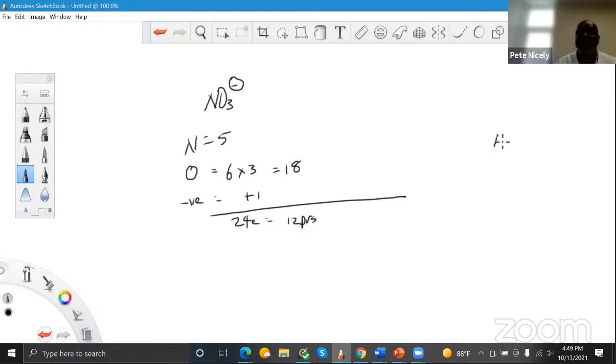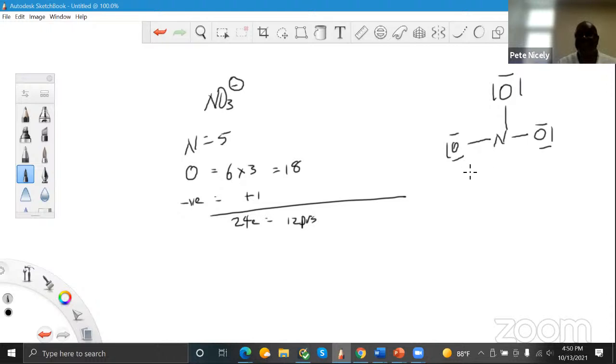Then we put the nitrogen in the middle, surrounded with the oxygens, and then we put the bonding pairs, 1, 2, 3, and then we put the non-bonding pairs on the oxygens, 4, 5, 6, 7, 8, 9, 10, 11, 12, all right? And then you'll notice that the nitrogen does not have 8 electrons on its outer shell, right?